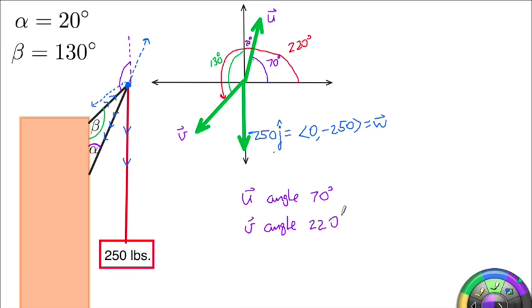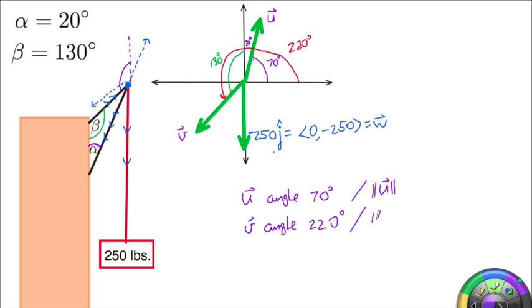The thing we don't know is the magnitude of u, and we don't know the magnitude of v. To come up with these vectors, it would be really nice if we knew what these magnitudes were, because then I could find out what their components were. So we're going to have to go a direction of combining these three vectors, adding them up, setting them equal to 0, and we're going to have these two unknowns. We know everything else. We know w for sure, and we know the angles of u and v. The only thing we don't know is the magnitudes of u and v.